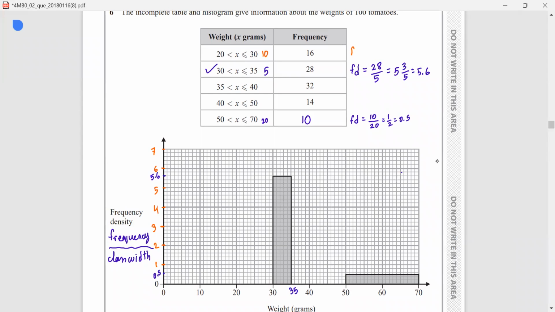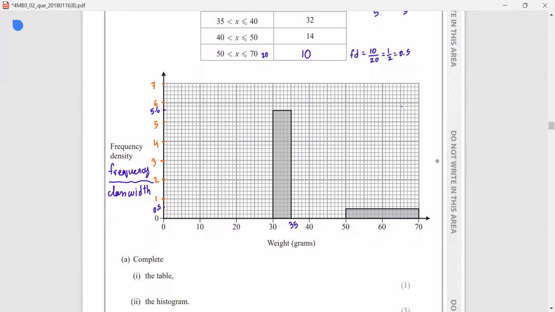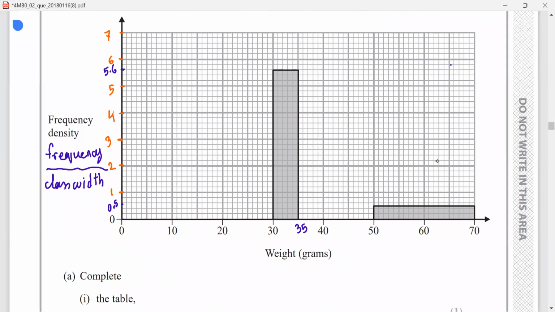So frequency density will be 16 over 10, 1.6. So for class width 20 to 30, height of the bar will be 1.6. 1.6 is the height.